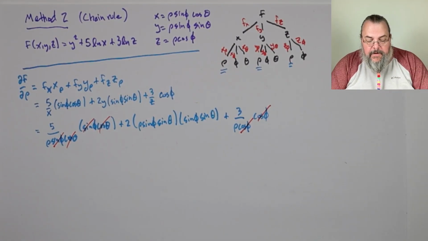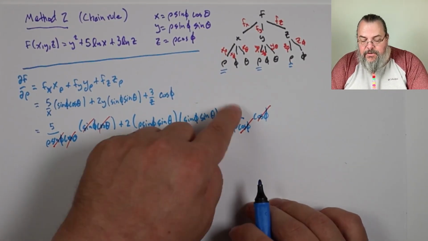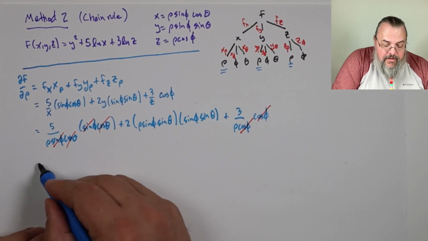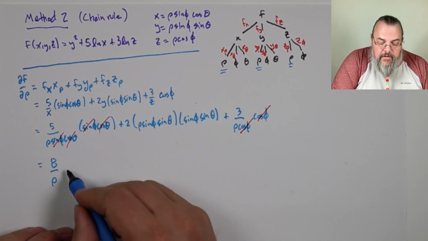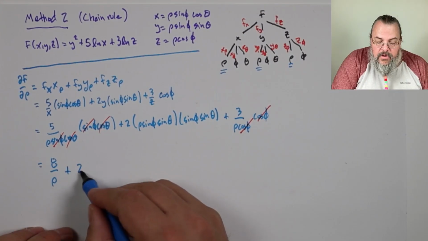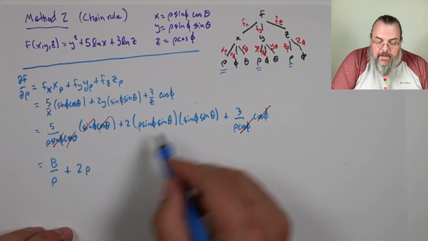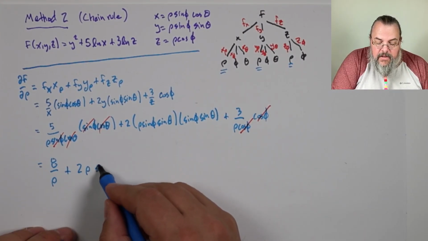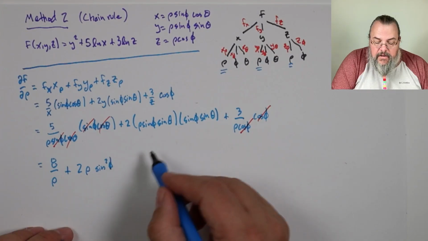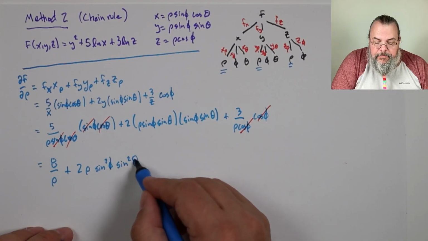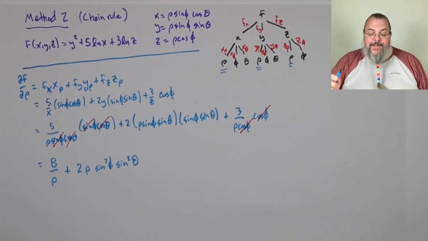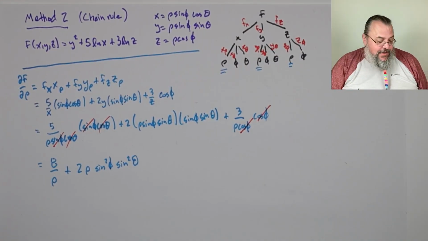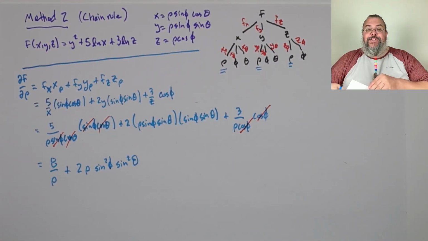And, well, what do we have? We have a 5 over rho. Here's a 3 over rho. And that makes 8 over rho. Plus a 2 rho, then we have a sine squared phi and a sine squared theta. Okay, so that's partial f, partial rho. And we're going to need more paper, but that's okay. But before we go to our next page, let's compare.